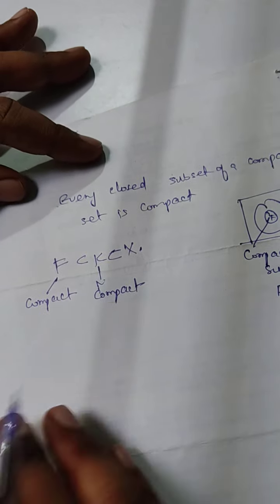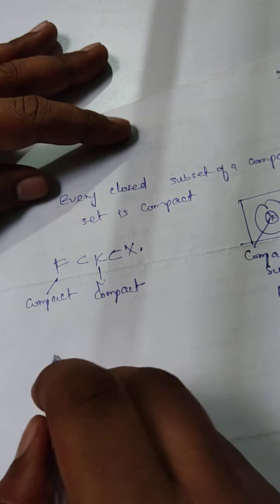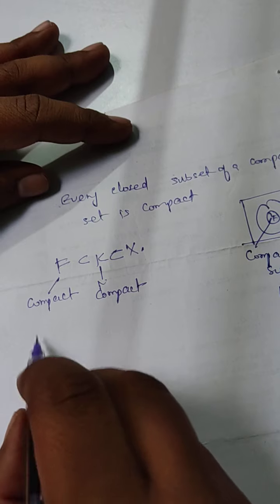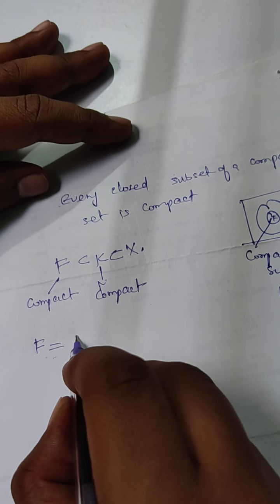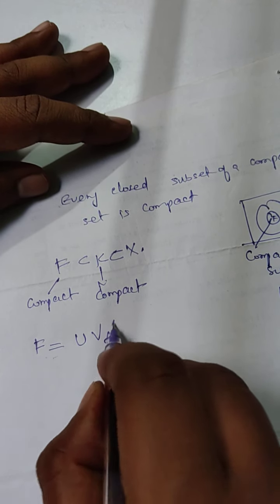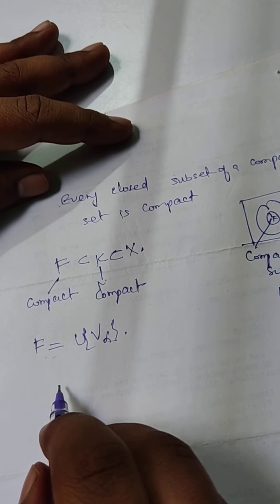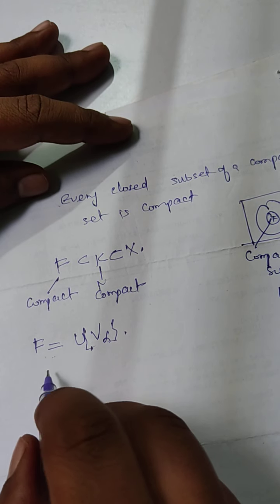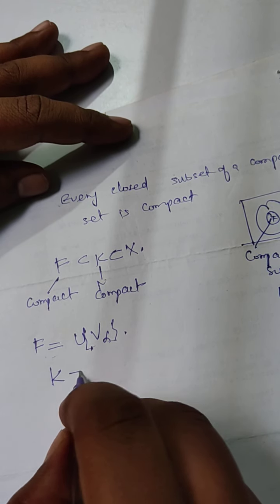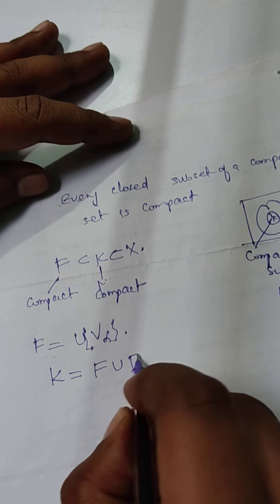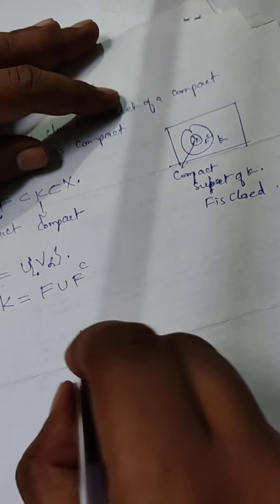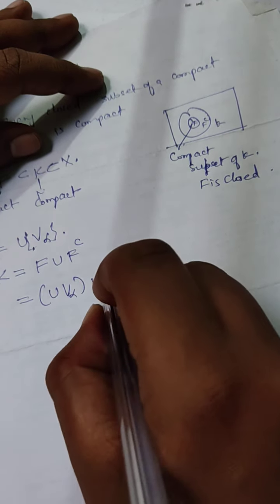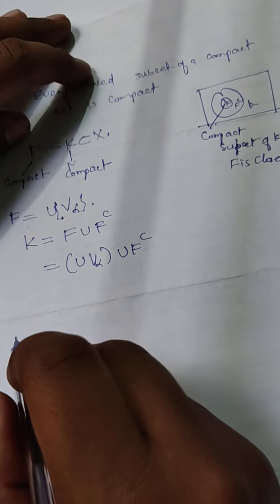All right, now F can be written as union of V alphas, open sets. It will become an open cover for F, and we know that K can be written as F union F complement. We know that F is union of V alphas union F complement.